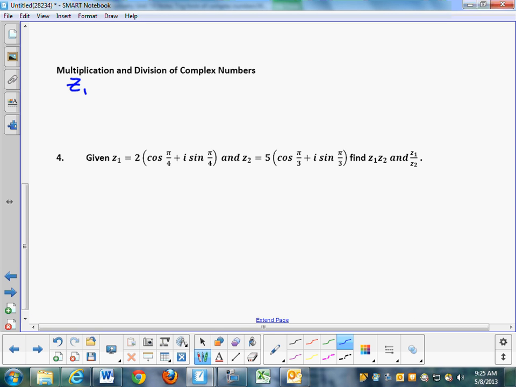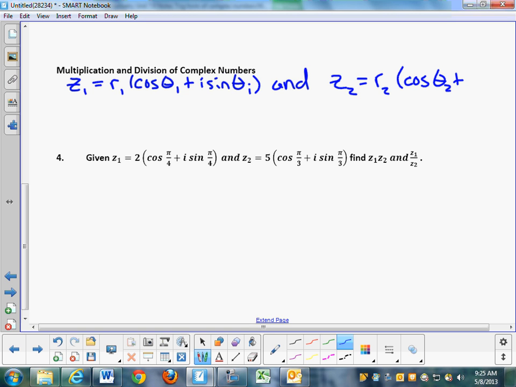So given Z1 is equal to R1 times cosine of theta sub 1 plus I sine of theta sub 1, and Z sub 2 is equal to R sub 2 times cosine of theta sub 2 plus I sine of theta sub 2.